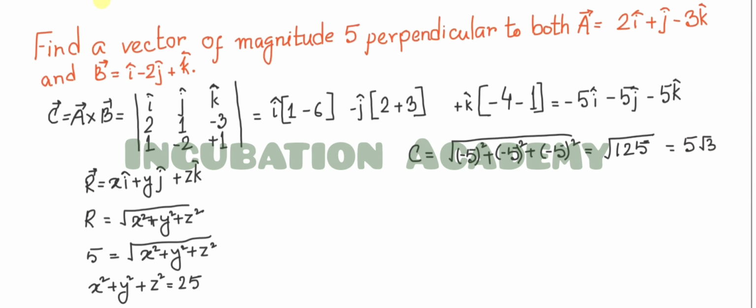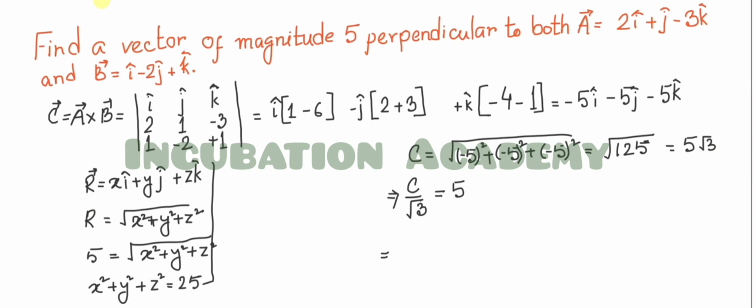But here you have to find a vector where x square plus y square plus z square equals 25, with the r vector equal to x i cap plus y j cap plus z k cap. So it is very clear that if we want a vector whose magnitude is 5, we can divide this vector by root 3. Then c by root 3 is 5. I am following the reverse method.